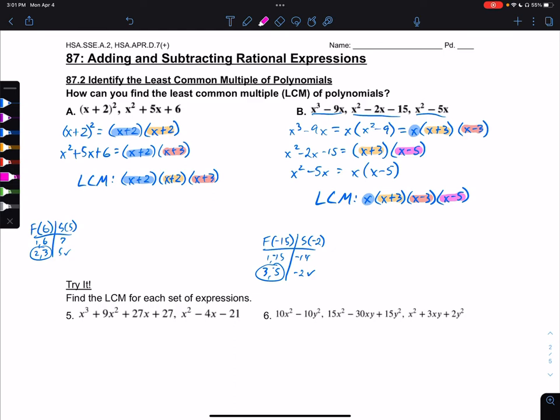And then in my final expression, I have an x, which I've already accounted for, so I don't need to bring it down again. And I have another (x - 5), which again, I already have. So what we're looking for is that each term in the factored form is accounted for, which they are. So I have my LCM of x times (x + 3) times (x - 3) times (x - 5).